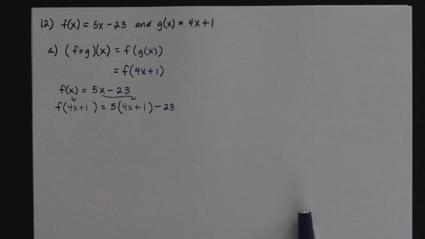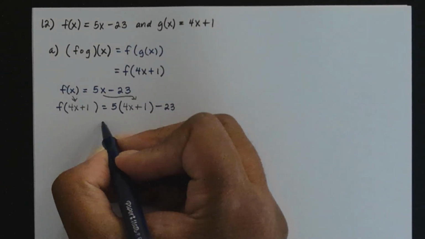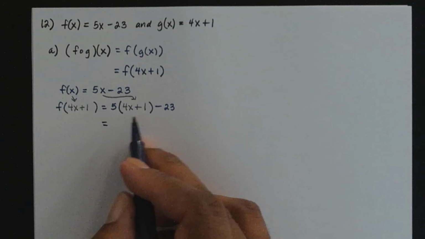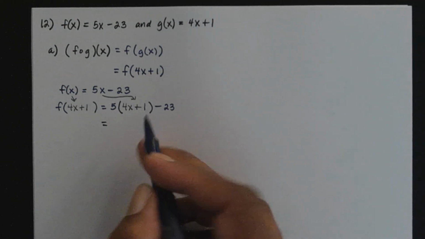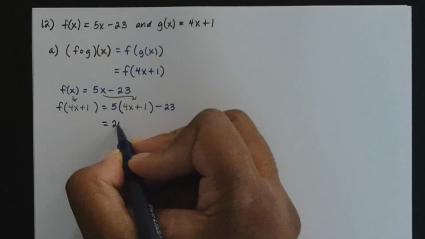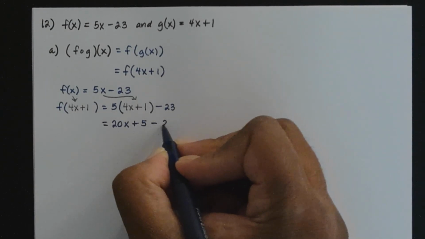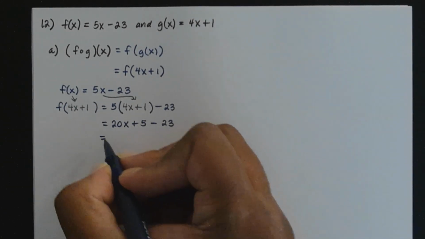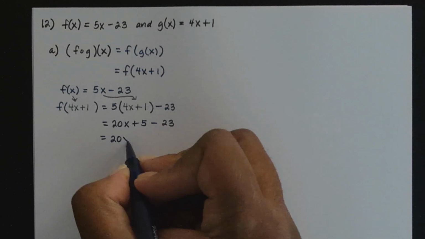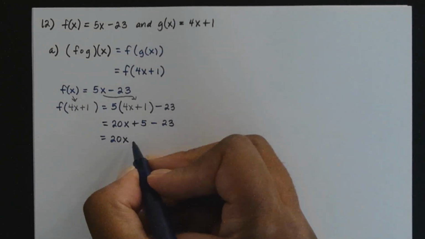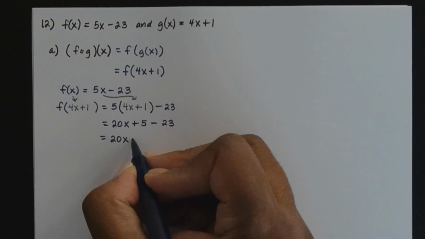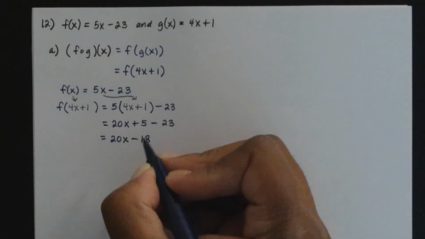Then we simplify the right-hand side. If I distribute the 5 over the 4x plus 1, what would I get? 20x plus 5. Bring down that minus 23. Combine like terms, I have 20x plus 5 minus 23 is how much? Negative 18.